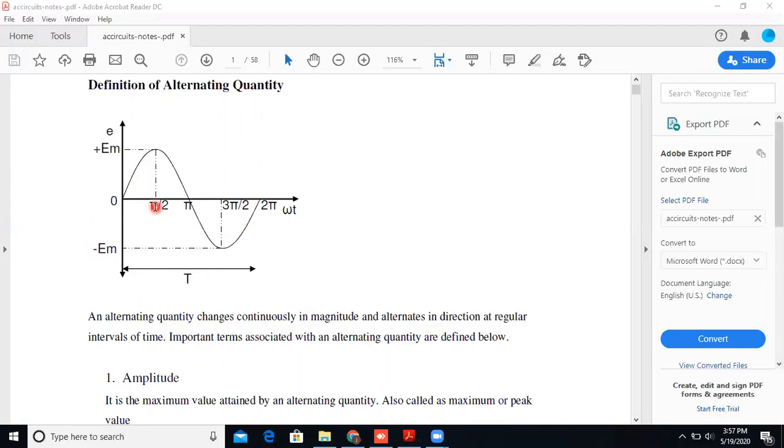See, at 0 degrees the E value is 0. At pi by 2, maximum Em. At pi, the value is 0. That means it alternates in direction at regular intervals of time.